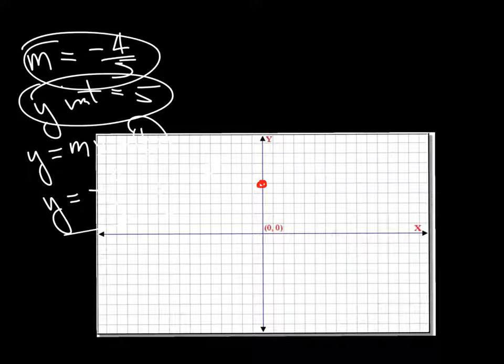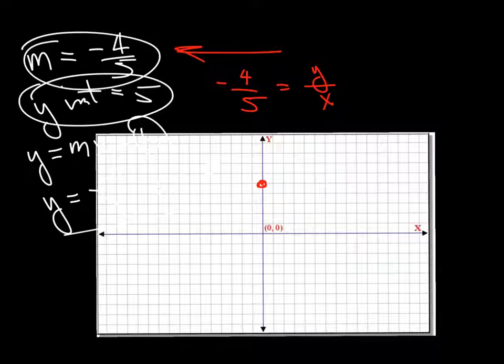I need 2 points in order to graph, so I've got 1. The next part is to use the slope to determine where my next point is. I'm given the slope of negative 4/5. The slope is y over x, so y is negative 4 and x is 5.